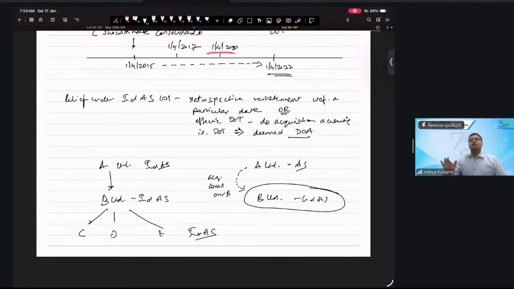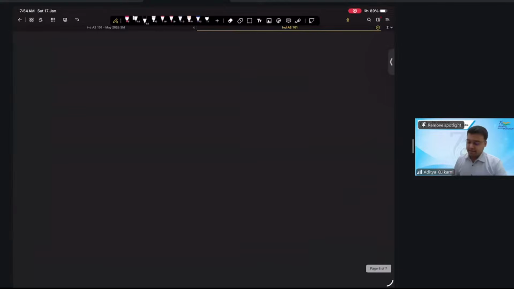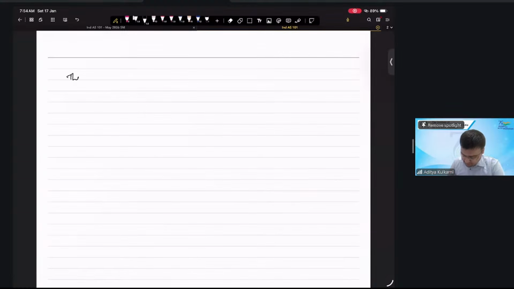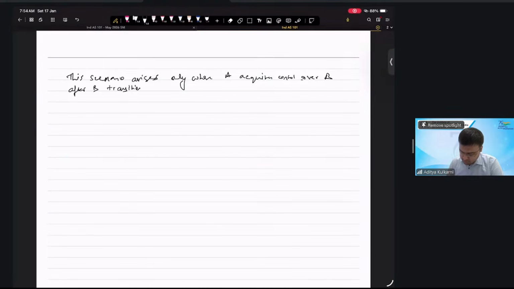only when A obtains control over B after B has transitioned to Ind AS. So this scenario arises only when A acquires control over B after B transitions to Ind AS.